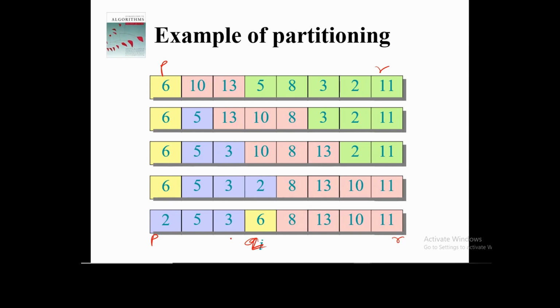The left side has the smaller elements, the right side has all the larger elements. So the left side list index values will be P to Q minus 1 and the right side values will be Q plus 1 to R. In this way we have divided the list. Now what happens next?